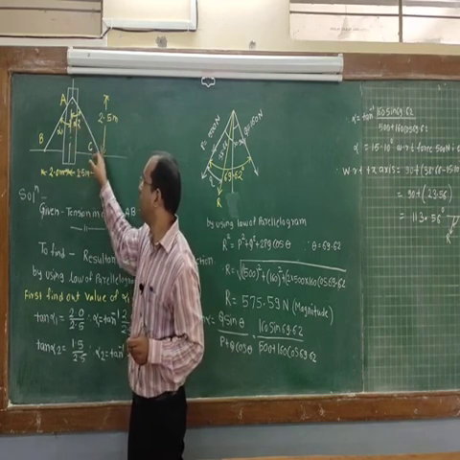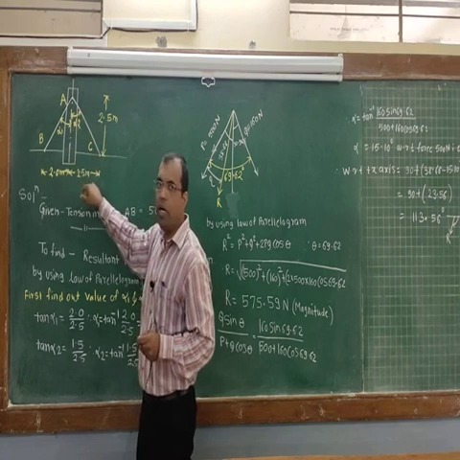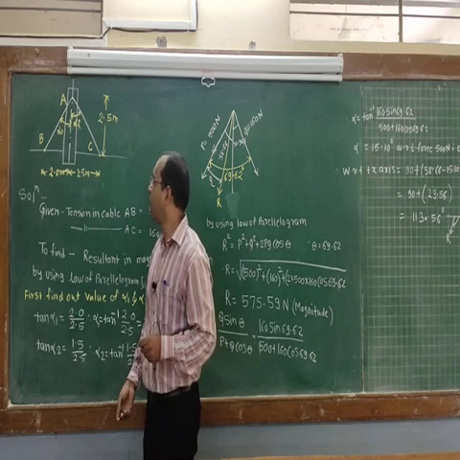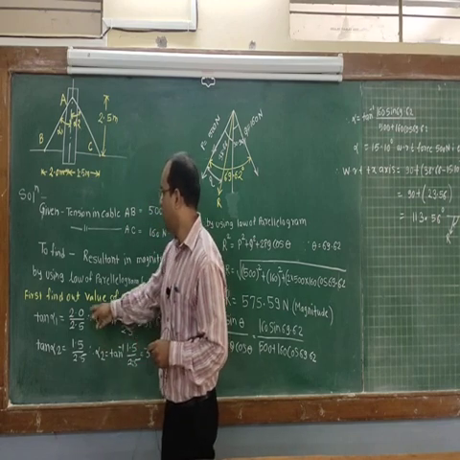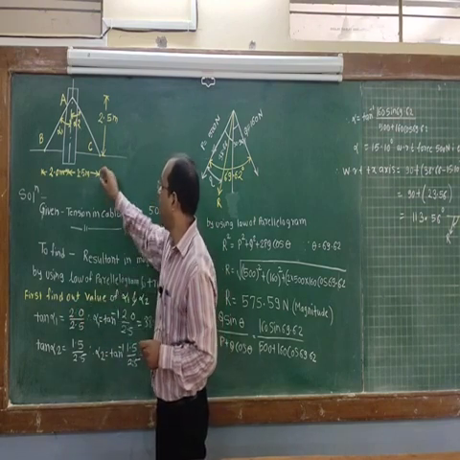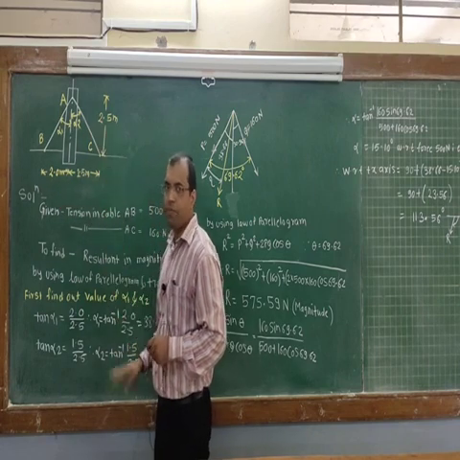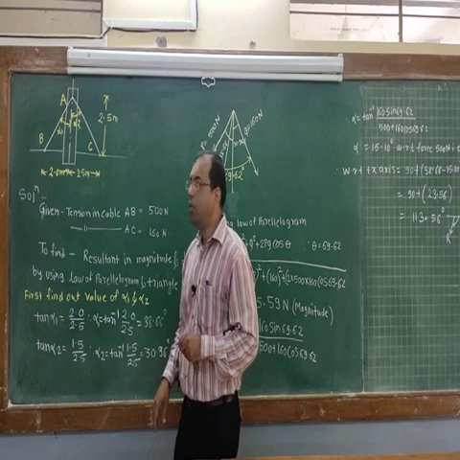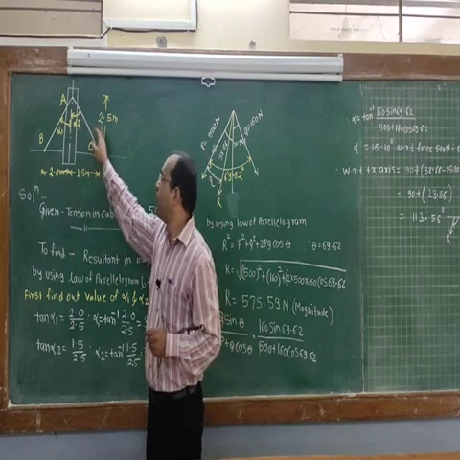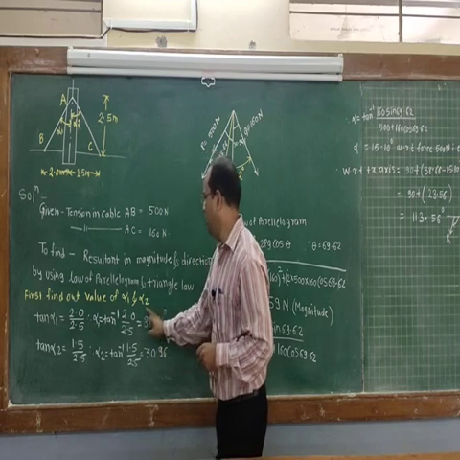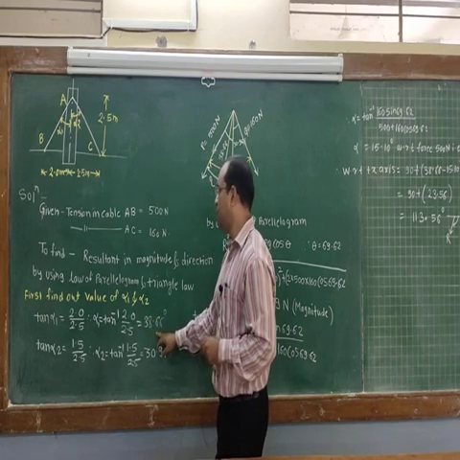By applying trigonometry, we can easily find alpha 1 and alpha 2. So tan alpha 1 is 2 upon 2.5, that is, opposite side upon adjacent side. From that we find alpha 1, which comes out to be 38.66 degrees.